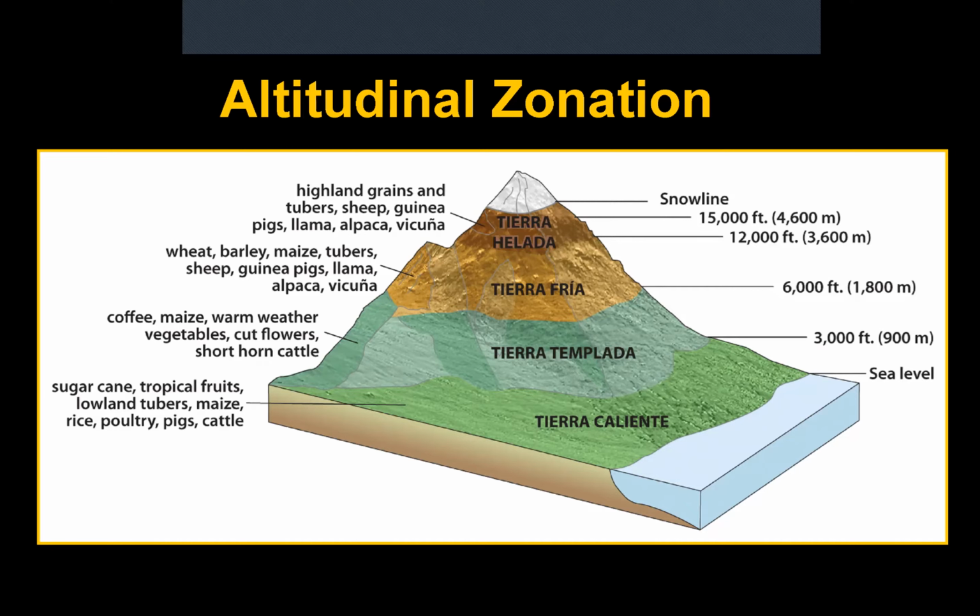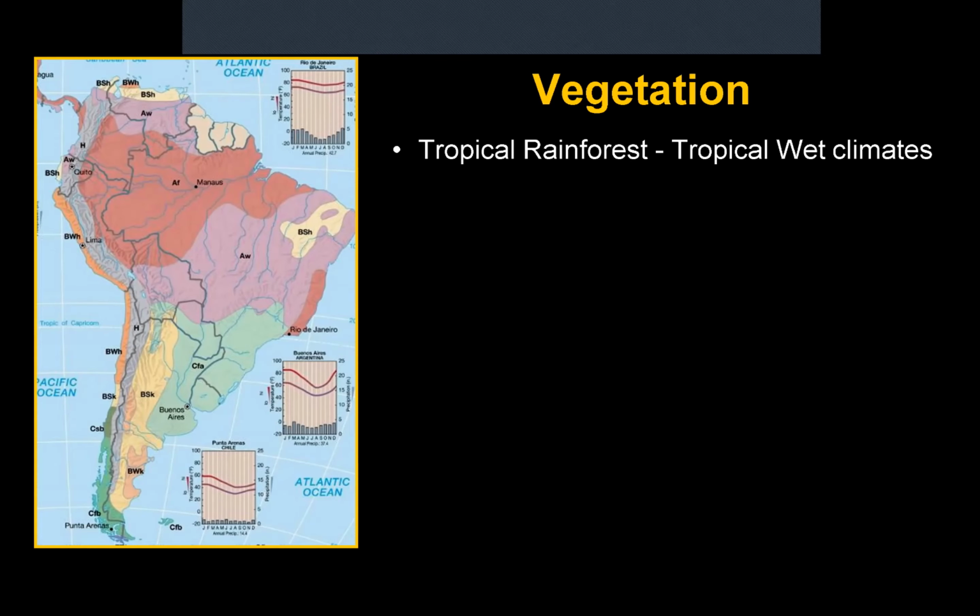And then you get to the snow line, and nobody really wants to live there, above 16,000 feet. But I've been in villages that are over 14,000 feet in elevation, and you can see the different things they can grow at those different elevations. So again, here it's not about latitude as much as it is about altitude, especially in the Andes.